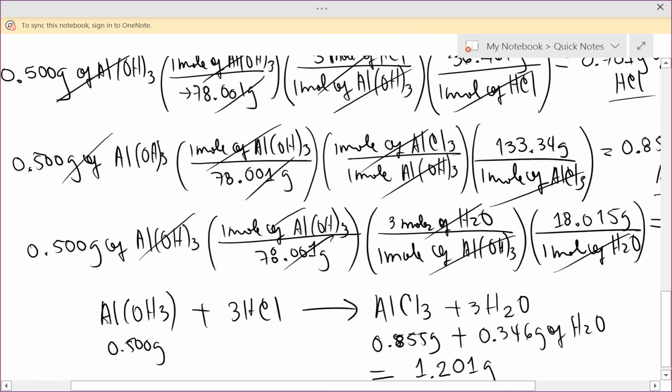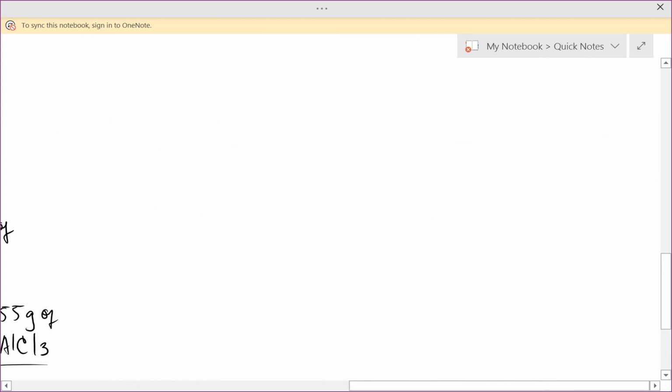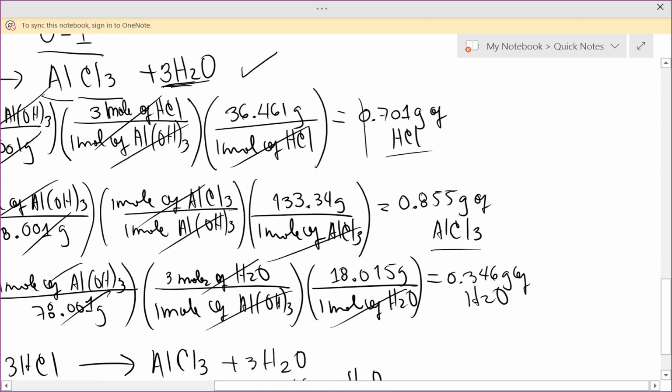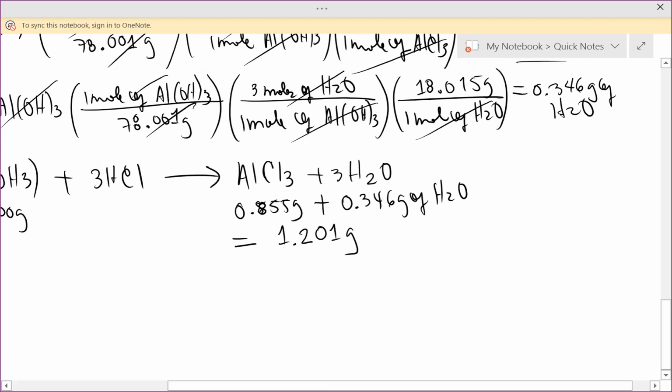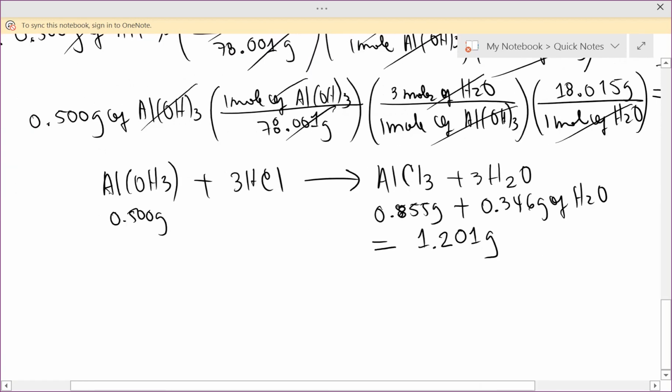So in part B, we got that for HCl we got 0.701 grams. So let's replace the value here to see if that sums the same amount that we have on the products. So 0.701 grams.